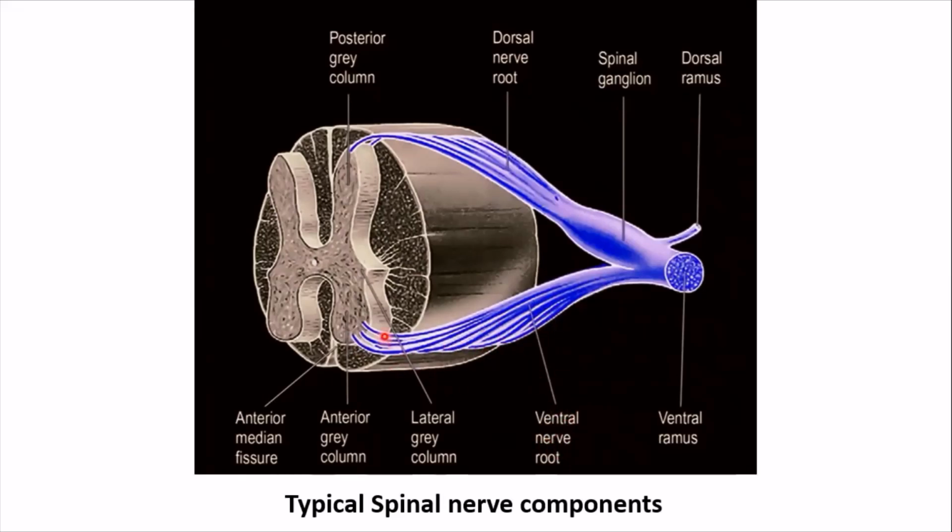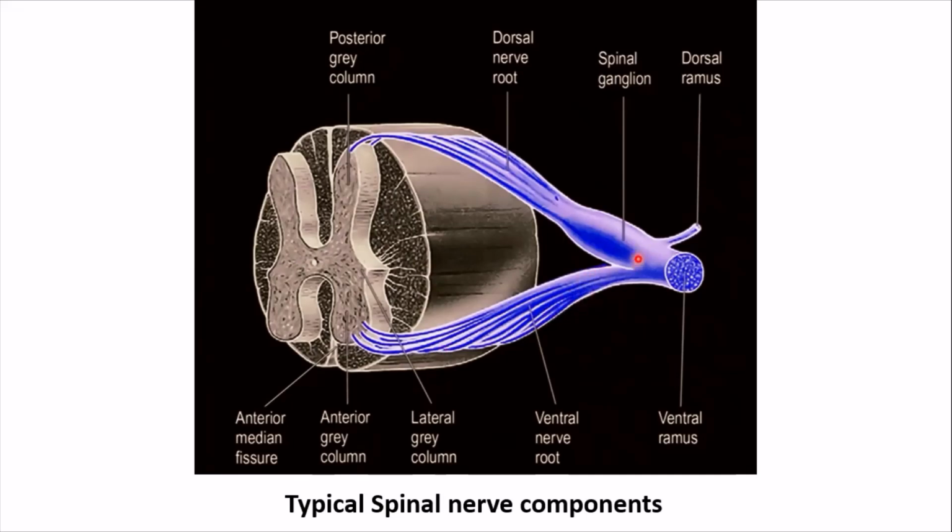It emerges as rootlets, right? And this is the dorsal nerve root emerging from the posterior gray column. This also emerges in the form of rootlets, and these rootlets form the root.